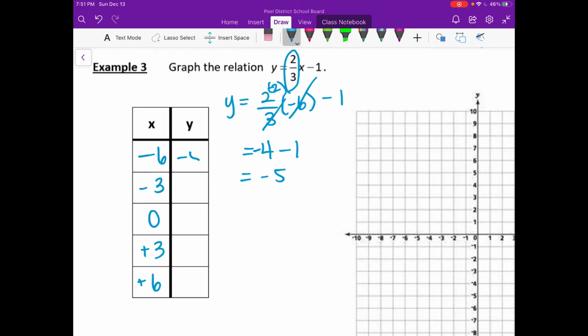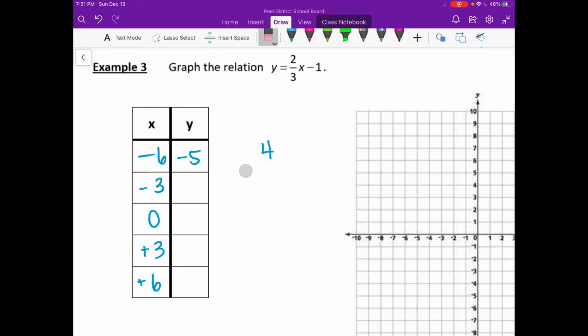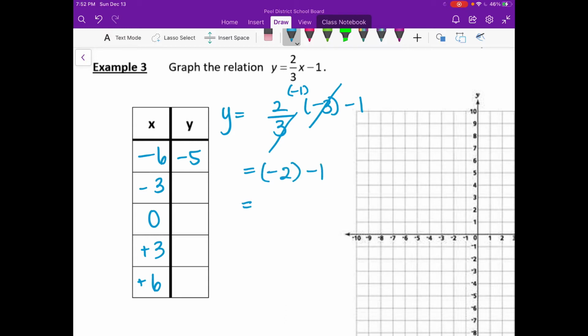So I'm going to put that in here. Then I'm going to do negative 3. So I'm going to do y equals 2 over 3 multiplied by negative 3 minus 1. Negative 3 is going to be left with negative 1. So 2 times negative 1 is just negative 2. Minus 1 is going to give me negative 3.